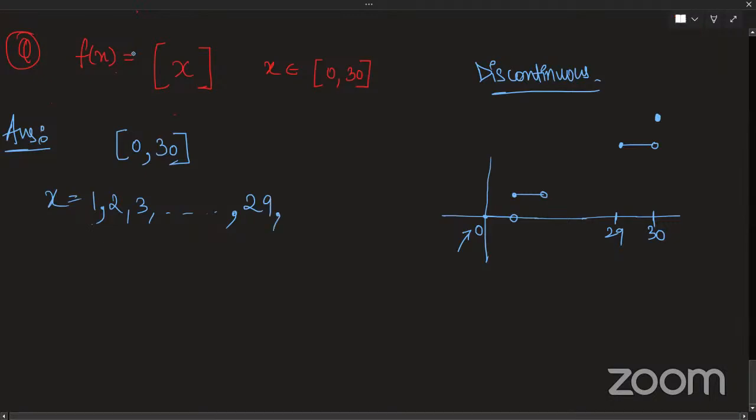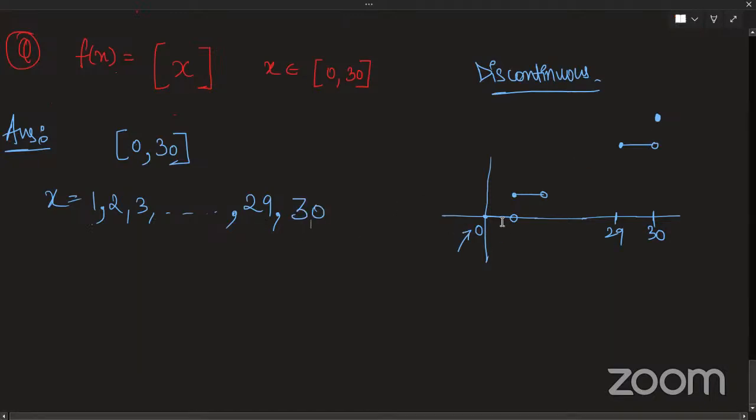And at 30 also, it is discontinuous. Because at 30, the point is over here at the top, but this line is not a part of this point. At x equal to 0, this line is included, but over here, it is not included. So x equal to 30 is discontinuous.